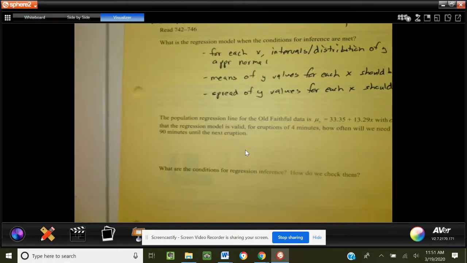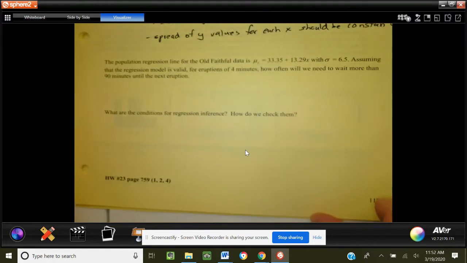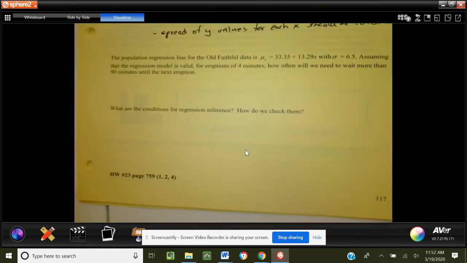And those are the things that that picture showed us there. Okay. All right. So if we go back to the Old Faithful data, how could we use the sampling distribution to answer a question like this? Okay, so there's that same population LSRL. They're telling us that the standard deviation of the residuals is 6.5 as well.